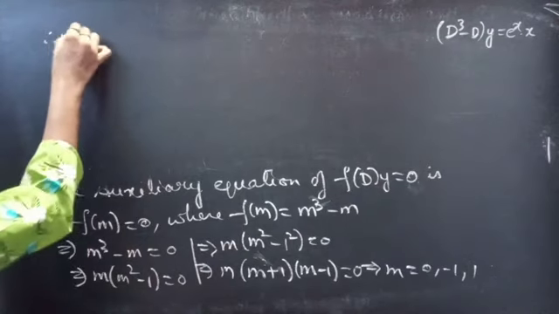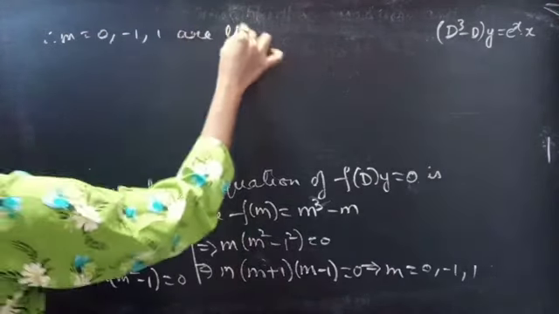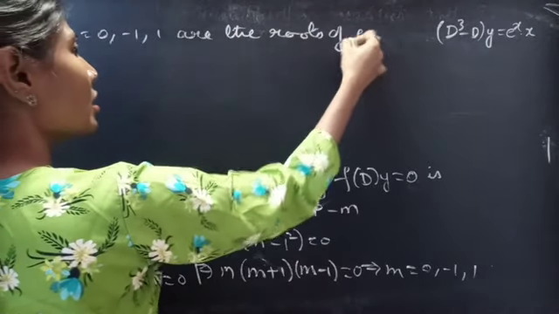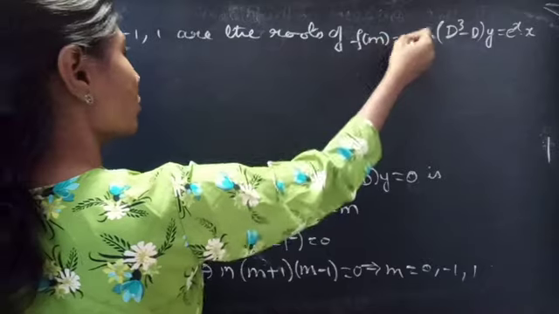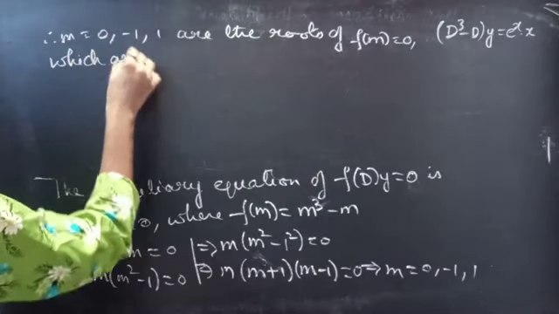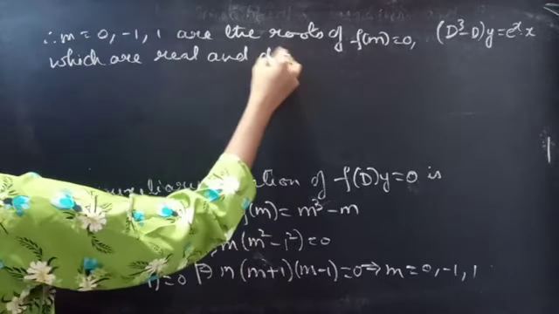Therefore, m equals 0, minus 1, 1 are the roots of our auxiliary equation F of m equals 0, which are real and distinct.